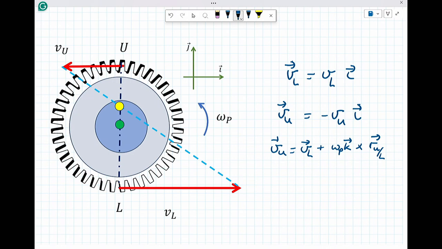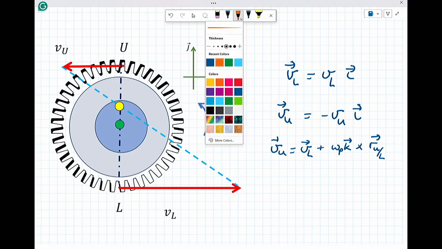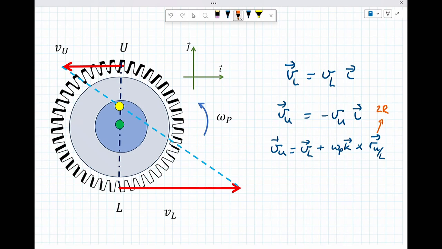So I can reference everything between the upper and lower parts of this gear. And if I do that, I can say, well, velocity on the upper side is equal to velocity on the lower side plus that rotational component. And it's going to be omega k cross with the distance from U to L, or U relative to L. And if I do that, I'll end up with 2rj.